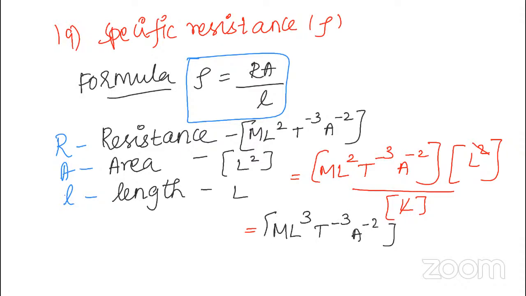So this is the dimensional formula for specific resistance.